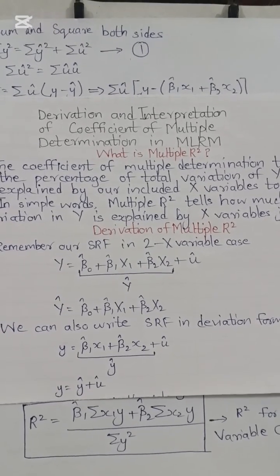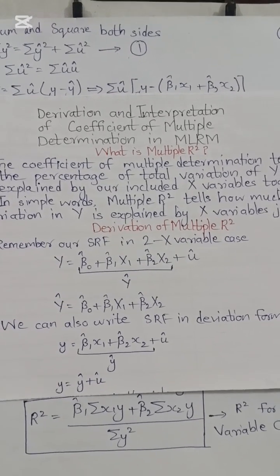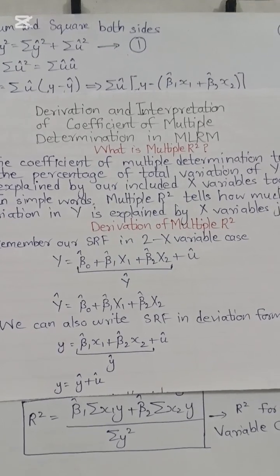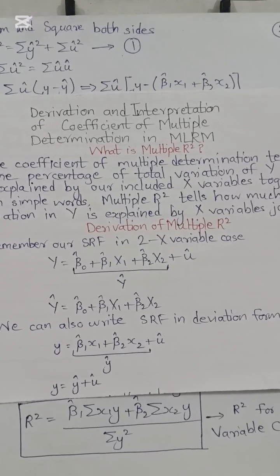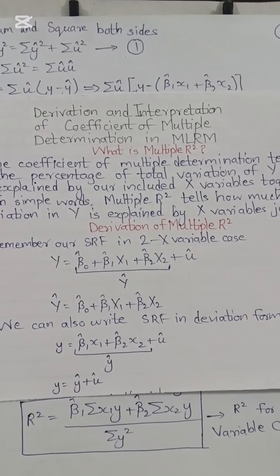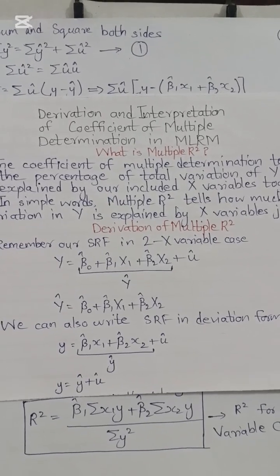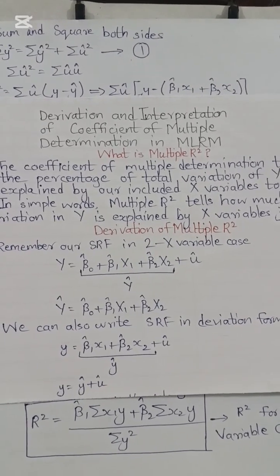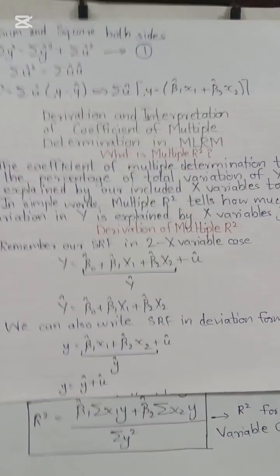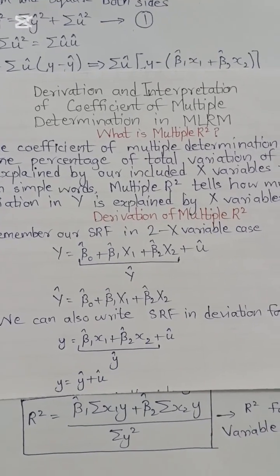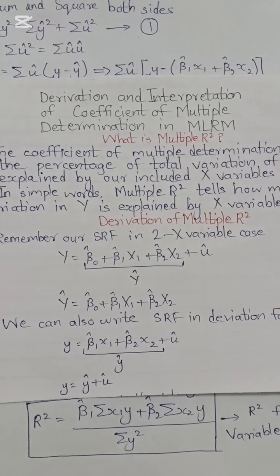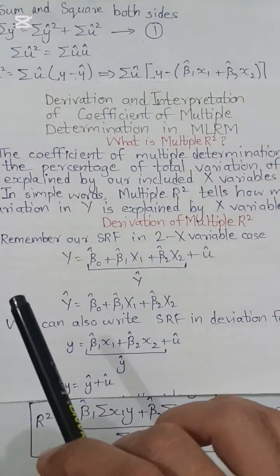Then R square can be interpreted as 90% of the variation in consumption is explained by disposable income, interest rate and price level in the economy. So the interpretation is the same.